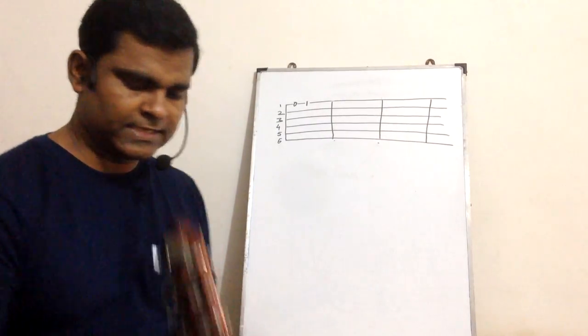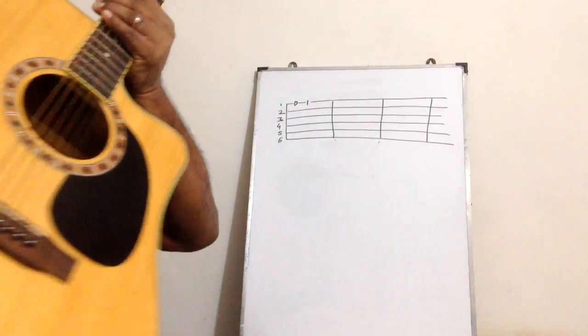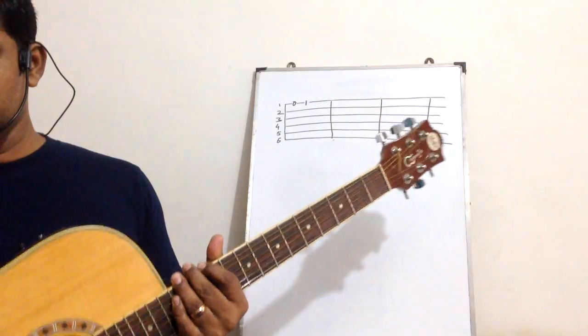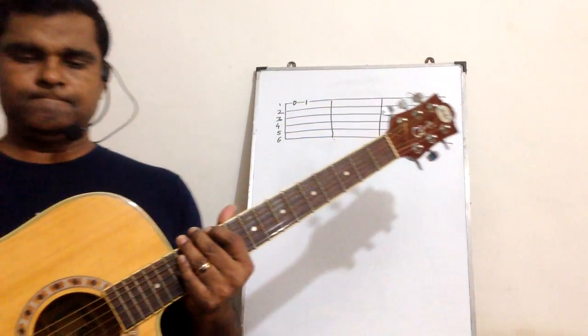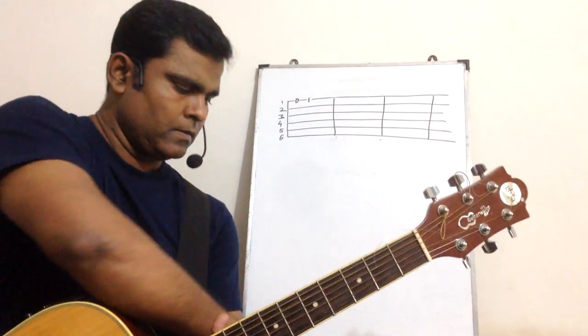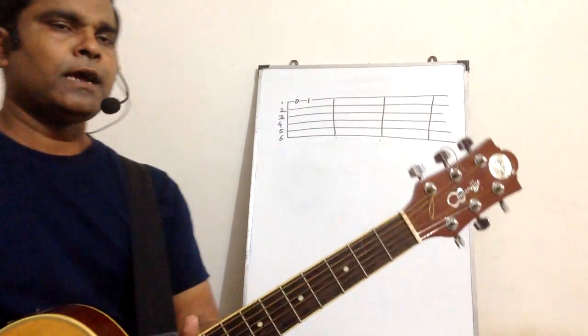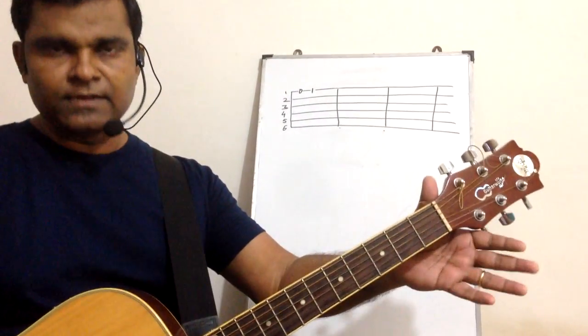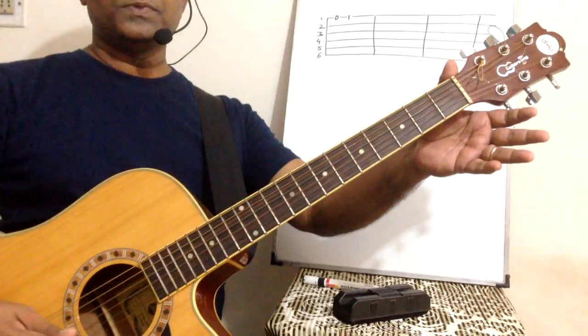I'll just give you an example. This is the guitar, of course you know that. Now how do I play this? When I see 0, I play this string as an open string.